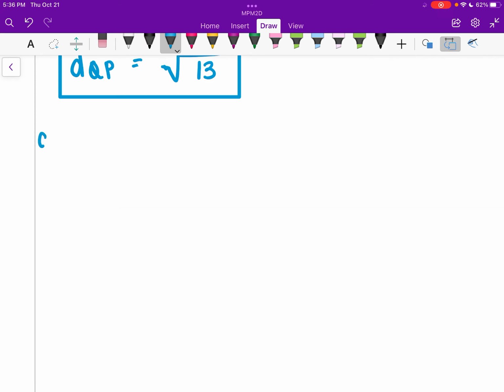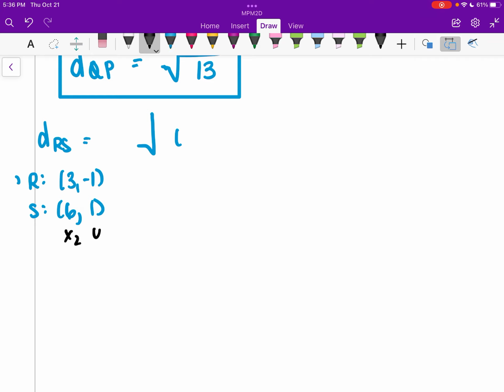Okay, so then we're going to find the distance between R and S. So let's find what our R and S values were again. R is going to be (3, negative 1). S is going to be (6, 1). Right, so again, square root, let's make this x2, y2, x1, y1.